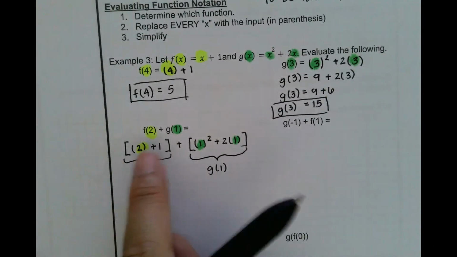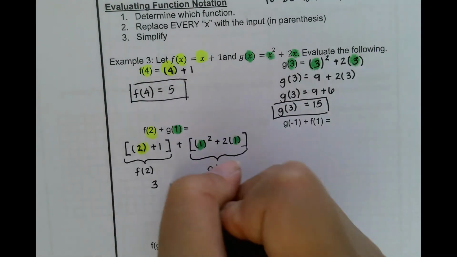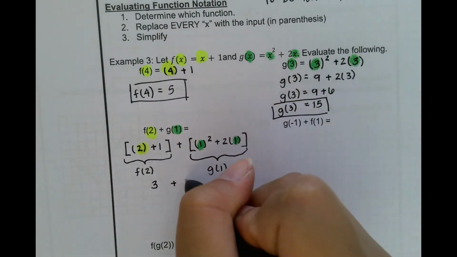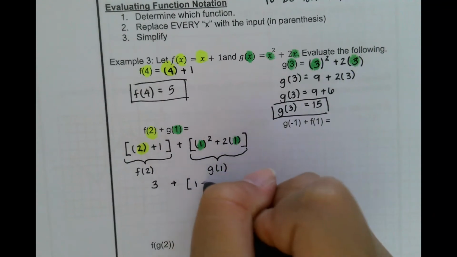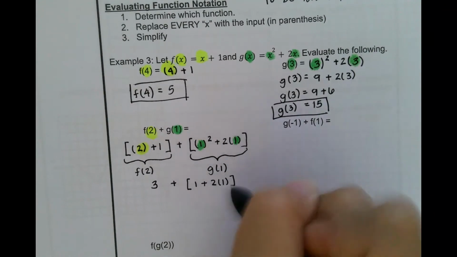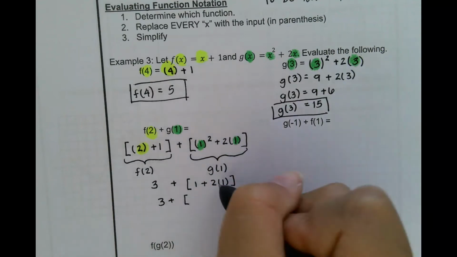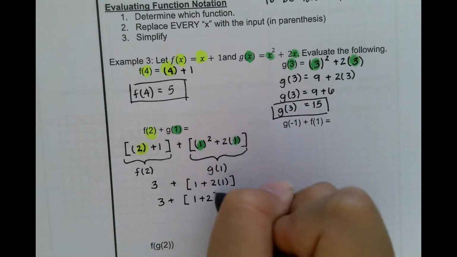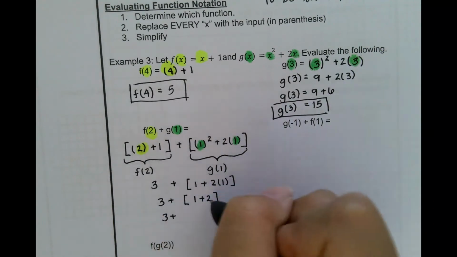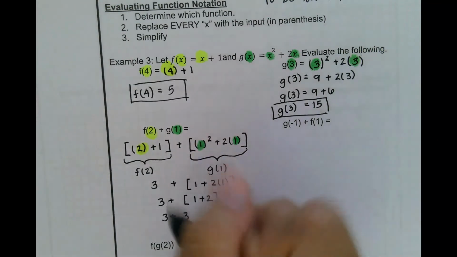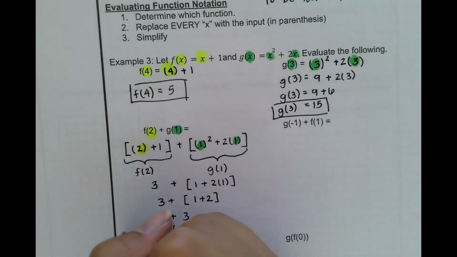So 2 plus 1 here is 3 plus, 1 squared is 1 plus 2 times 1. 2 times 1 is 2, so 1 plus 2, and then 1 plus 2 is 3. So 3 plus 3 is 6. So f of 2 plus g of 1 equals 6.